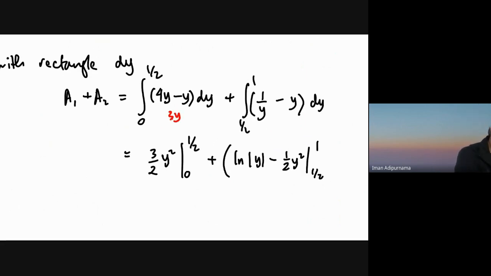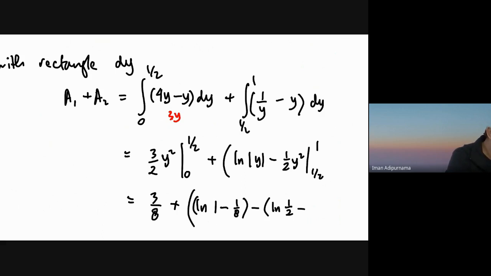It takes some time to calculate, let me check this. 3 over 8, plus ln 1 minus 1 over 8 minus ln half, oh wait, this should be half, so this will be half, 1 over 8.